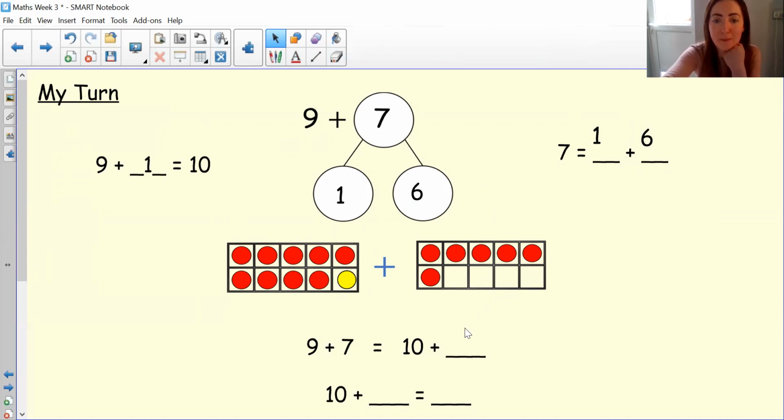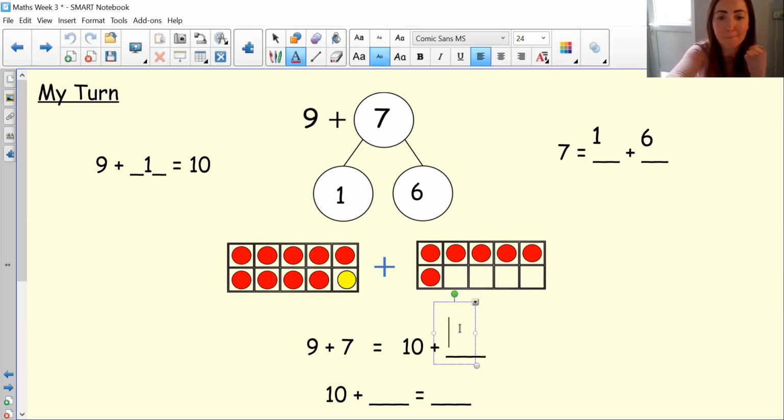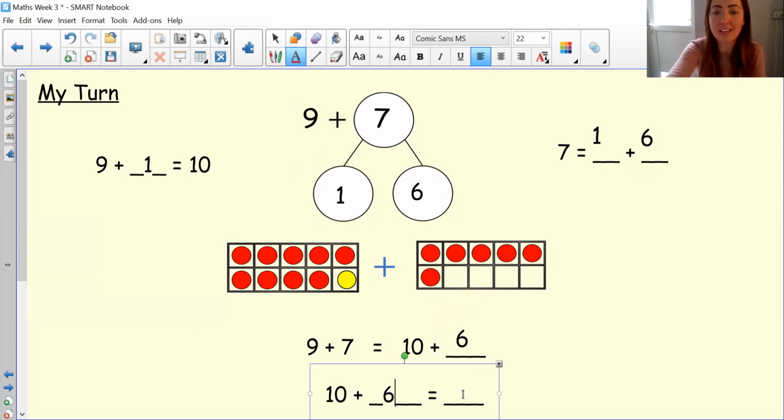They are the same. Okay, because we're adding the 9 to this 1, which makes 10, and then 6 ones. So 10 add 6 equals 16.